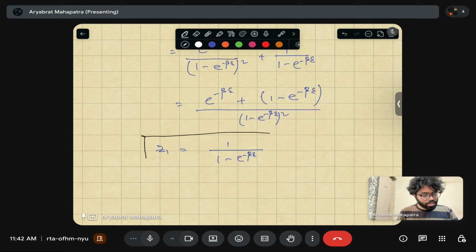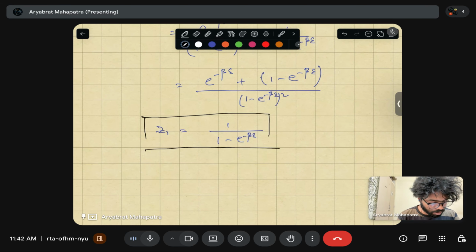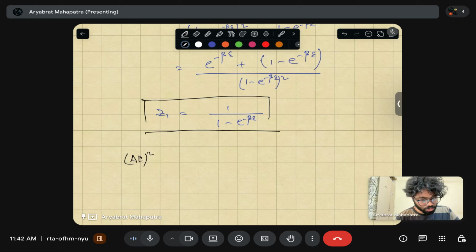Now, our task is to calculate this delta E squared. In order to get that, we found Z1 here.